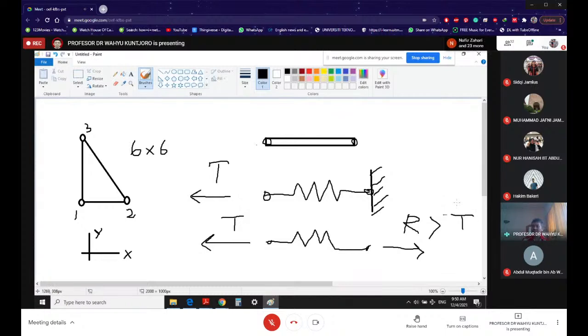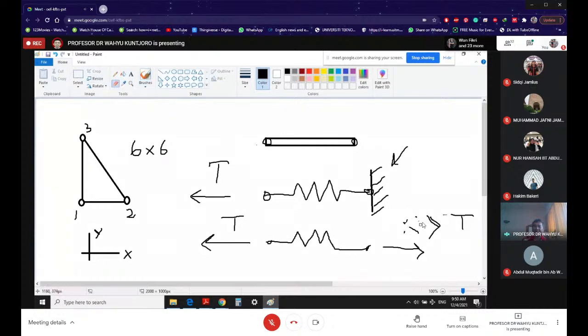The opposite is if R is less than T, then the spring is going to move to the left. So for this to be a structure, the reaction there must be equal to the applied force. So because of that, I can do this.